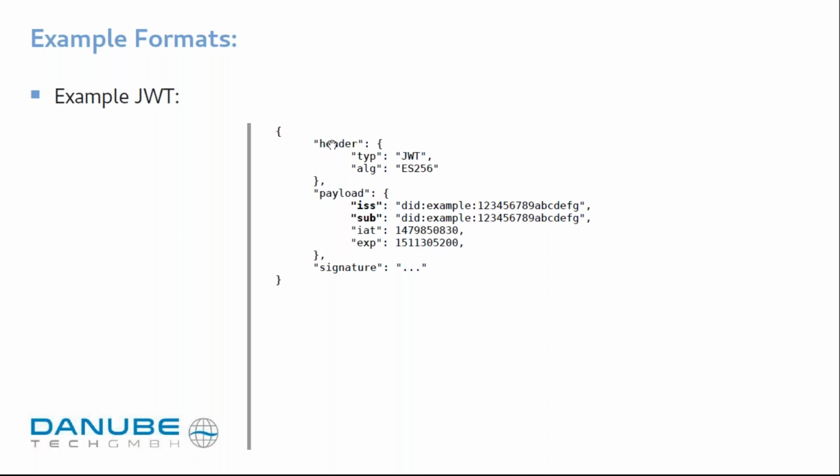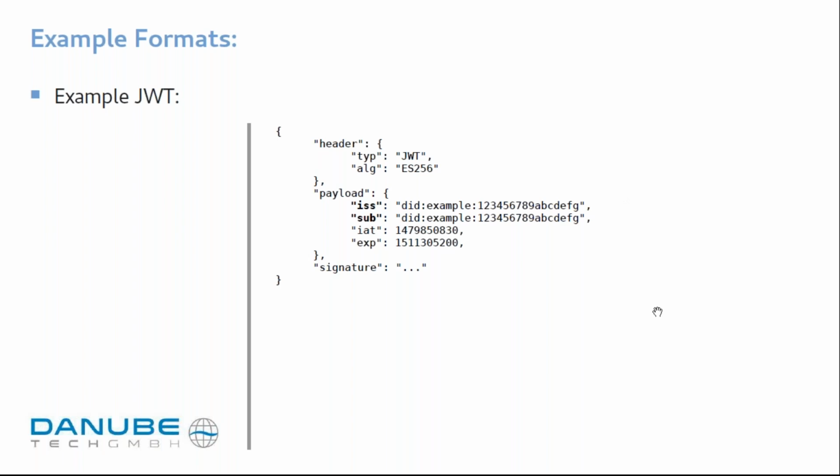So a DID auth response sent by an identity owner to a relying party using this JSON Web Token format would basically look something like this. It's a JSON document, and it has an entry called an issuer and a subject, right? And in traditional OpenID Connect, this would be different. If I do a login with Facebook, or login with Google to a website, there will also be a JSON Web Token, but the issuer will be Facebook, or Google, and the subject will be the user.